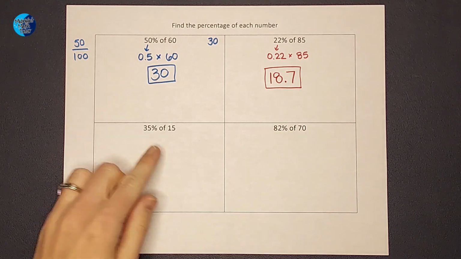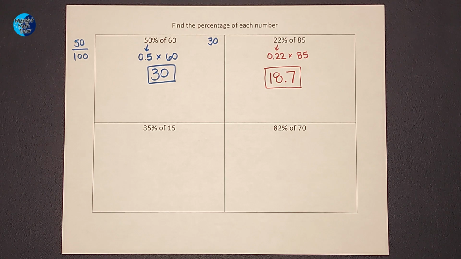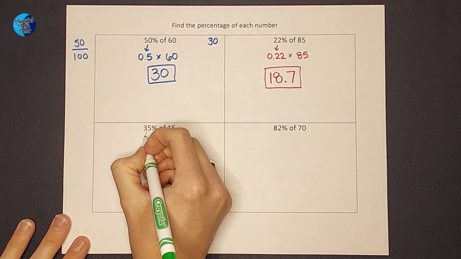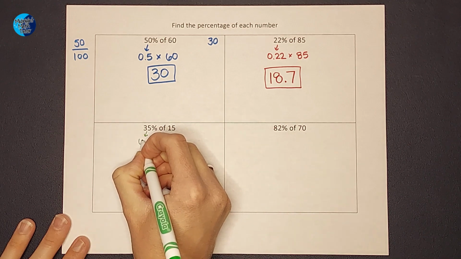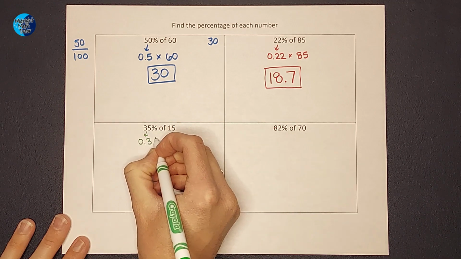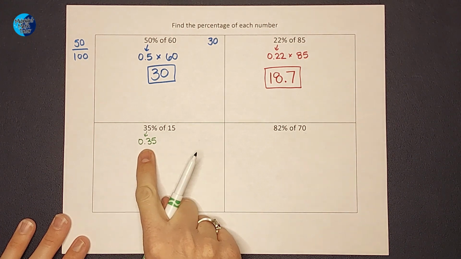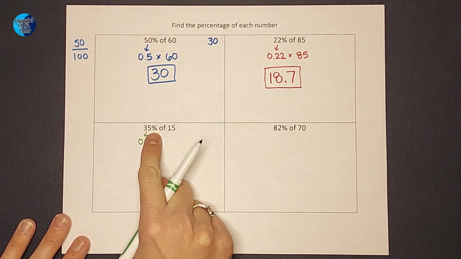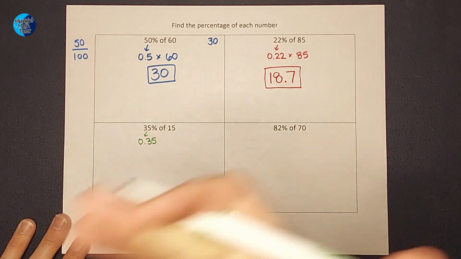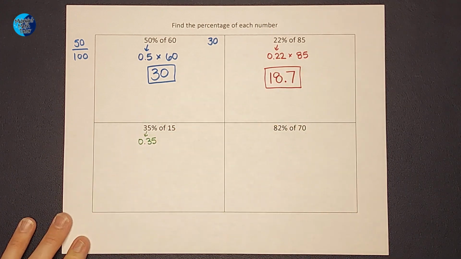All right, let's figure out what 35% of 15 is. So my first step is to change this percentage to a decimal, 0.35. Just always remember, if you forget how to change it to a decimal, just remember that 35% means 35 per 100, and stick that in your calculator.